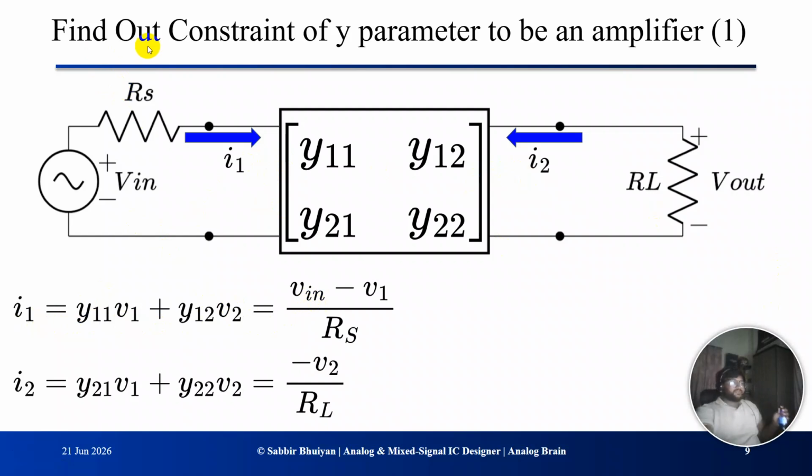So this is the two port, and we want this two port to be an amplifier. So let's apply KCL in port 1. Not KCL, it's your Ohm's law: Vin minus V1 by RS. And apply KVL in port 2.